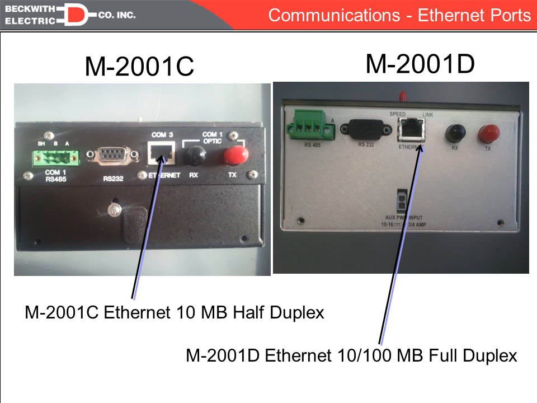We also now are going to get into communications, and we have some physical differences in our communications. So here is a COM port fully loaded for a C versus a D. We do notice on the C we had a serial port that could either be fiber, 232, or 485.